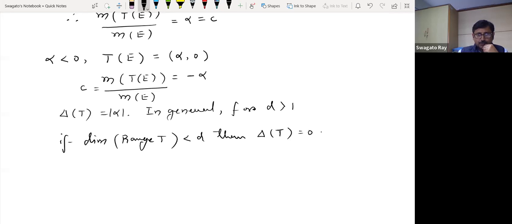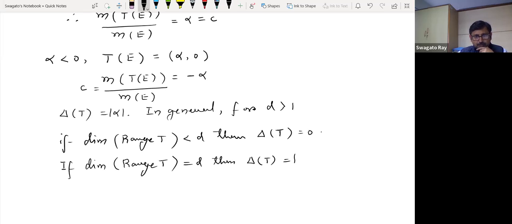Important is the next case, and this is hard to prove: if the dimension of the range of T is exactly equal to D, then your delta T turns out to be equal to the modulus of the determinant of T. In one dimension, what is it?